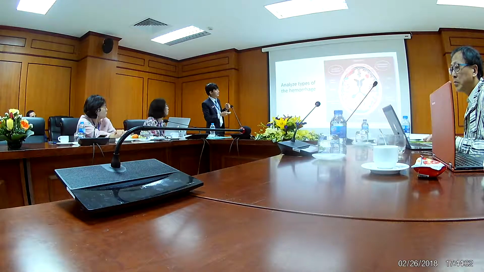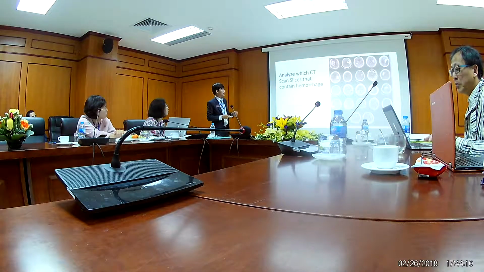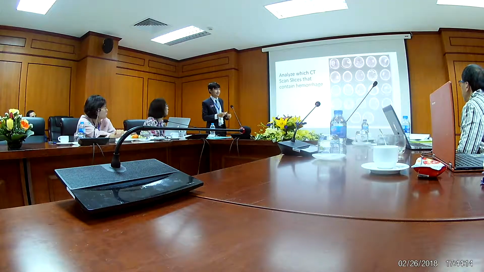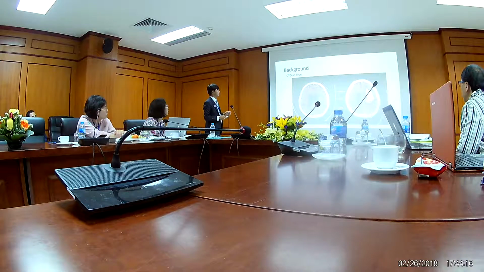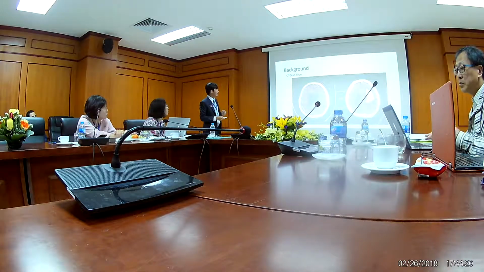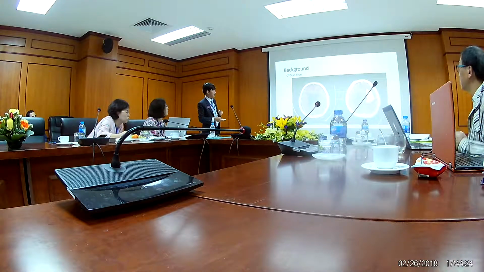The bleeding can be here, and here as well. This is a different type of CT scan that is going to look like this, and we are going to work on these features.